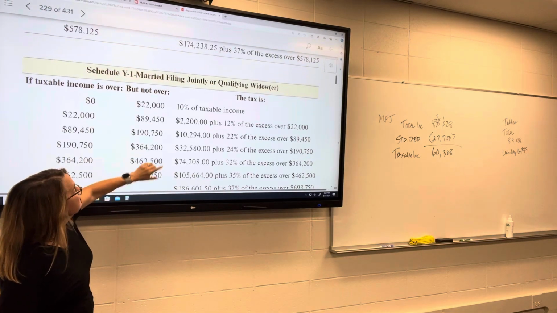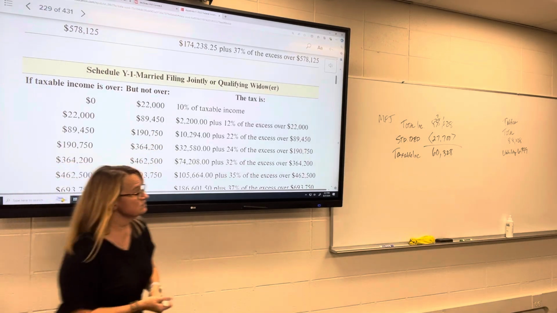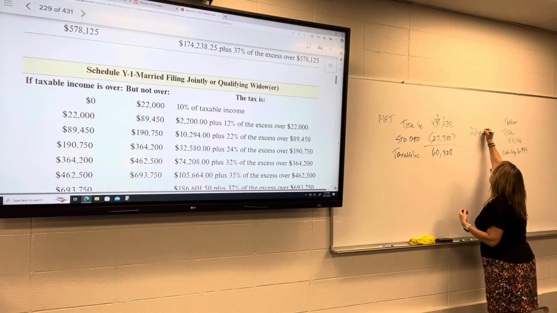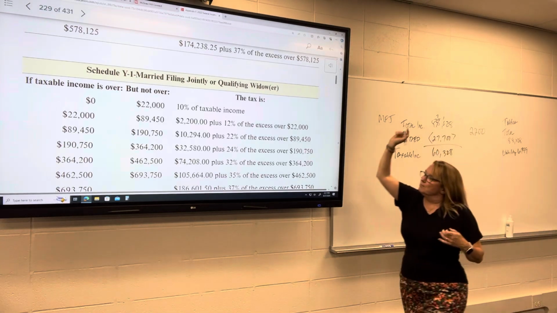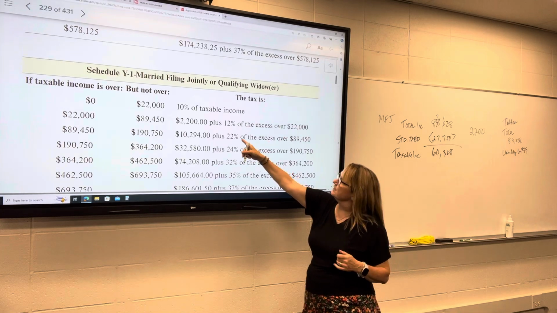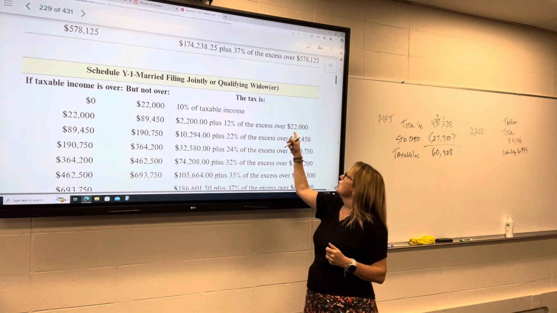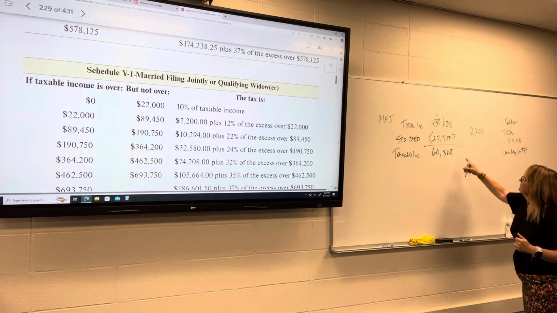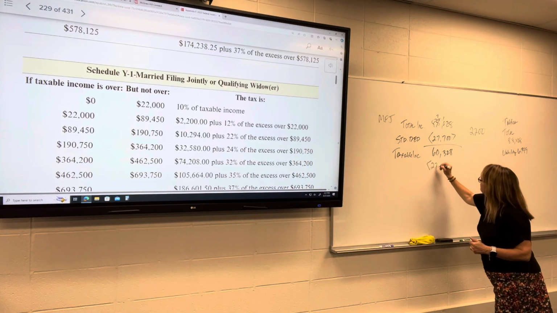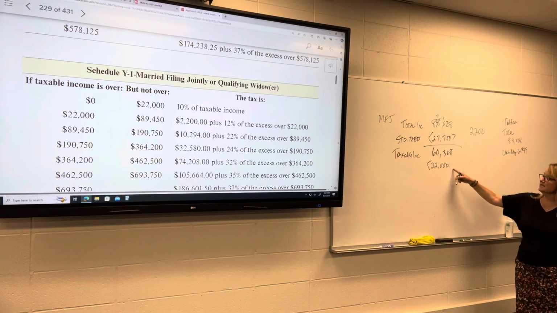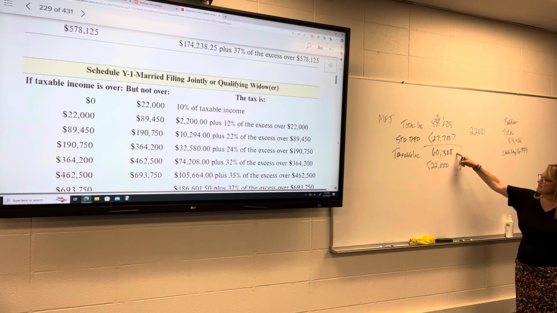So 2,200, we can just set that number aside so we don't have to think about it, plus 12% of the excess over $22,000. So we subtract 22,000 from this number, because this is the excess of this over this.